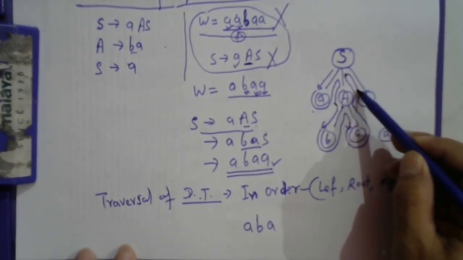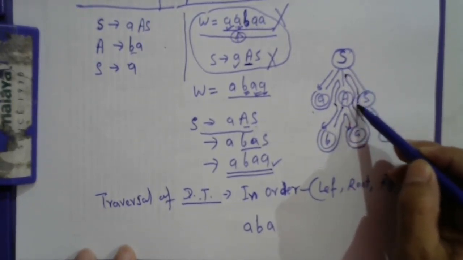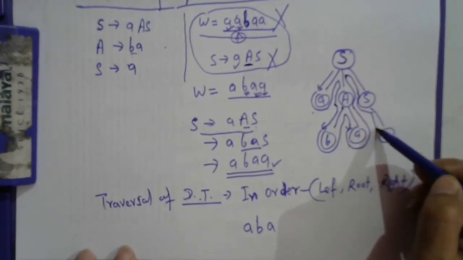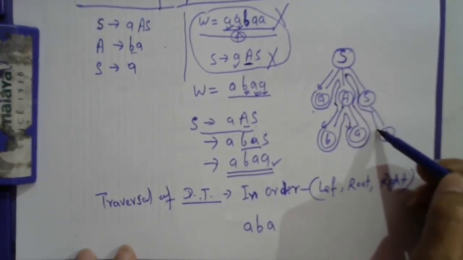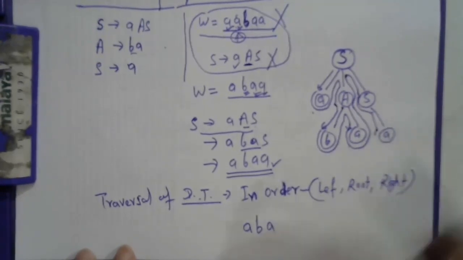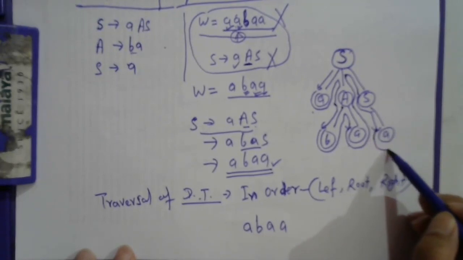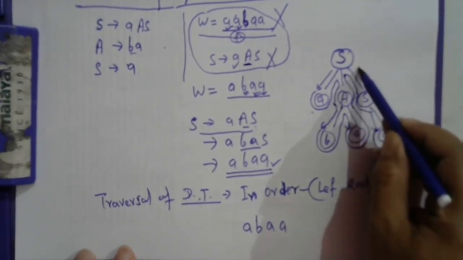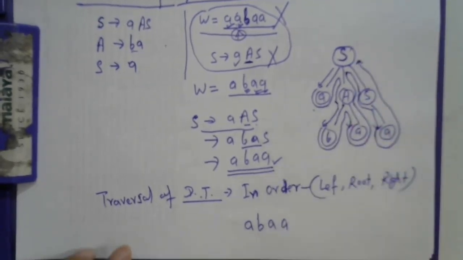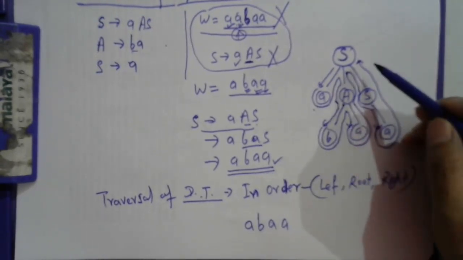There is an internal node, and again we move further left. We again get small a, which we write as a leaf node. Then again we move back to the root. There is nothing on the right-hand side, and we can say that is final.